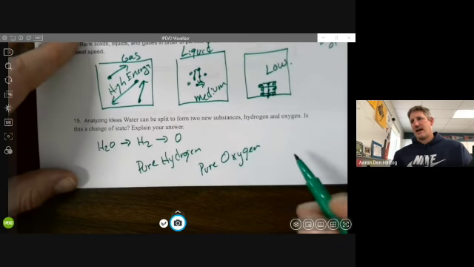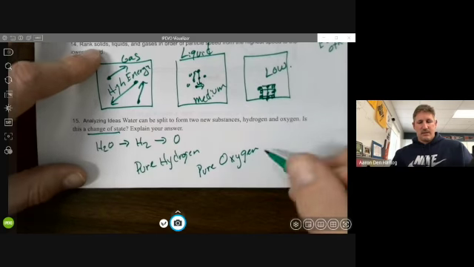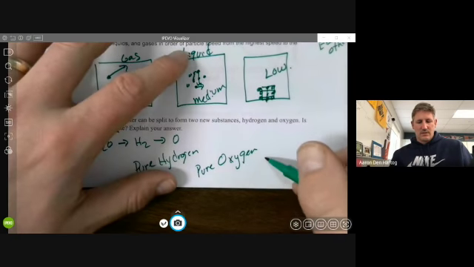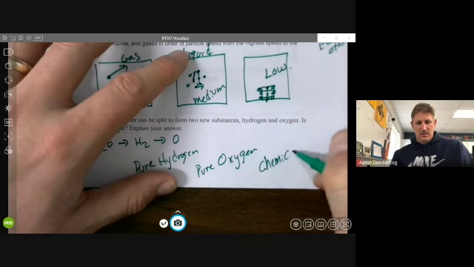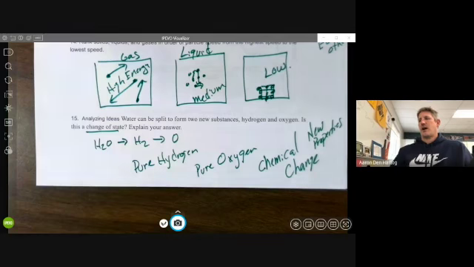So this is not going to be a change of state. This is going to be a chemical change, because we have brand new properties.